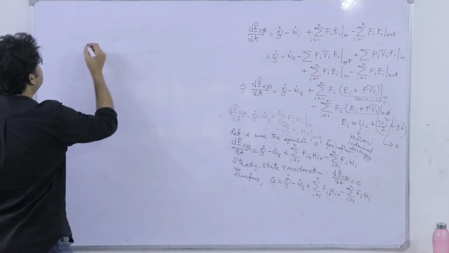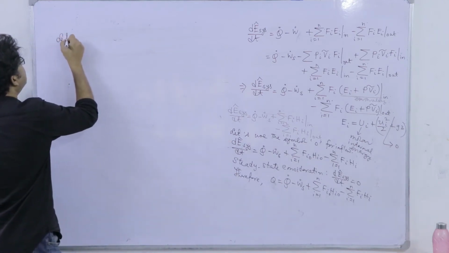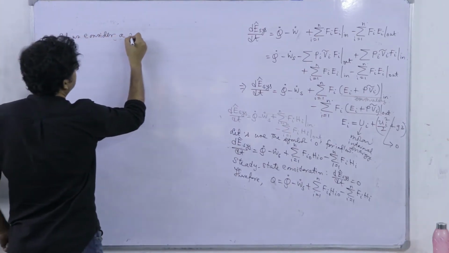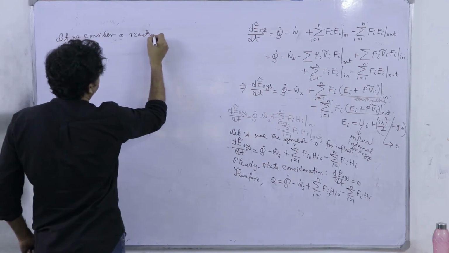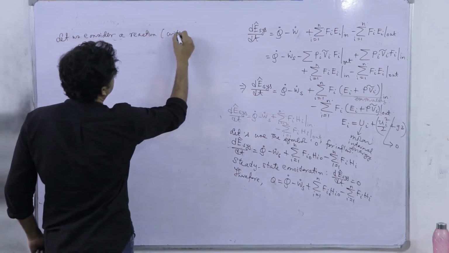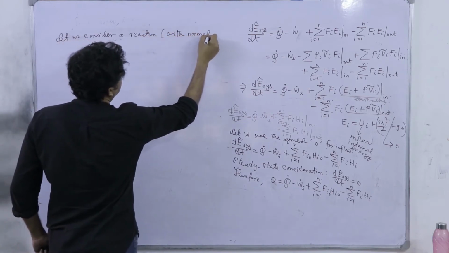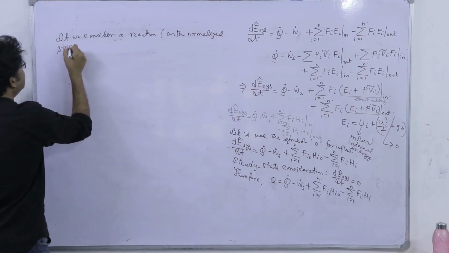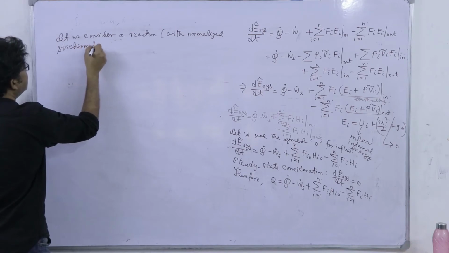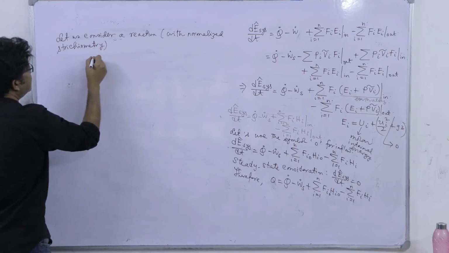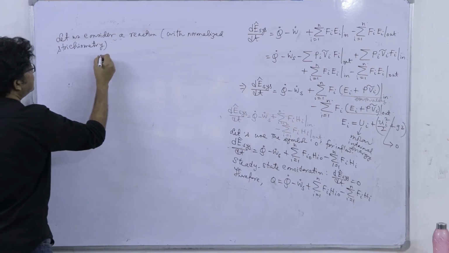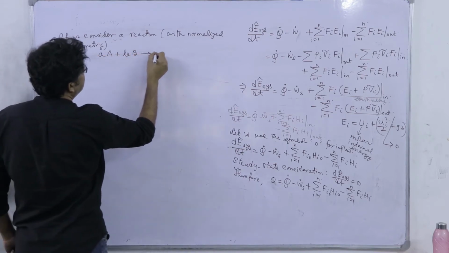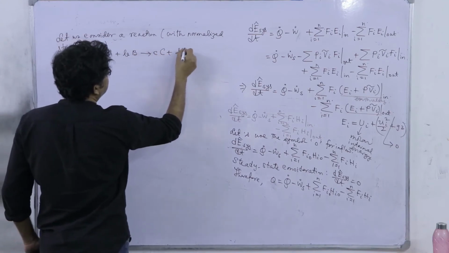So let us consider a reaction with normalized stoichiometry. The reaction is, say, aA plus bB giving cC plus dD.